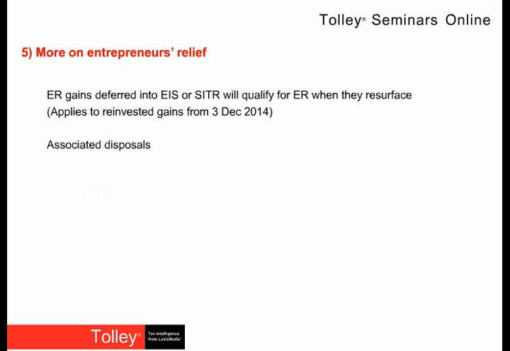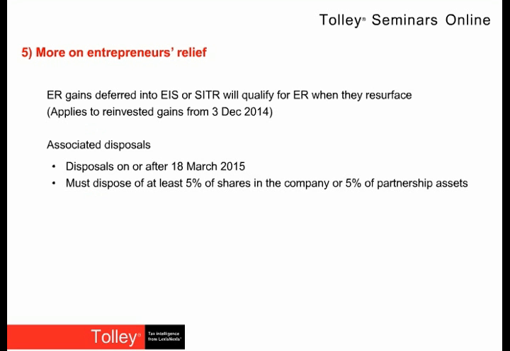So the change is that from budget day, the 18th of March 2015, an individual will have to sell at least 5% of the share capital of the company in order to qualify for relief on an associated disposal. If he's selling a share in a partnership, he will have to sell at least 5% of the partnership assets to qualify. So it's not 5% of the amount that he owns, but 5% in total of the assets of the partnership or the shares in the company.